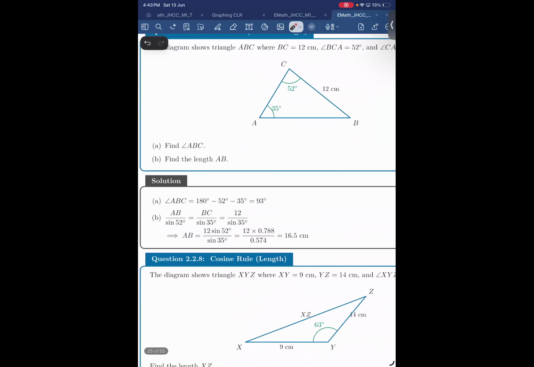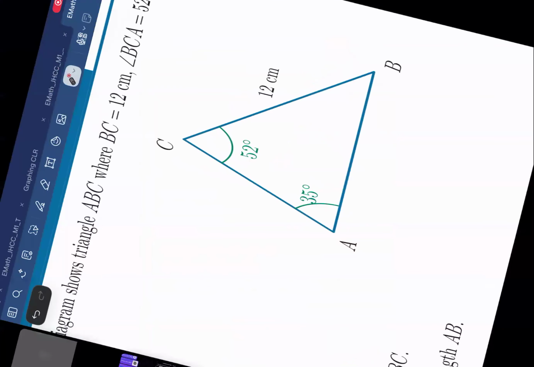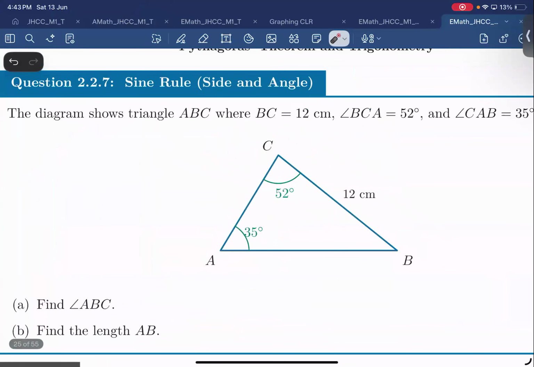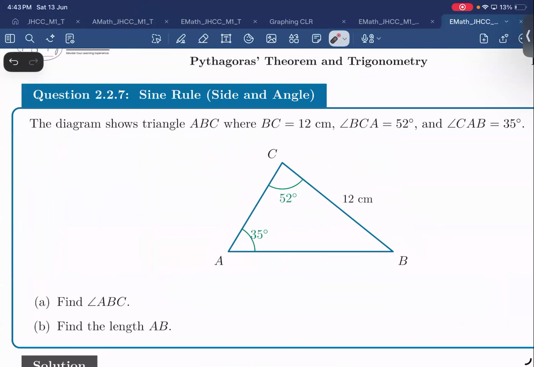Give this question a try. About 3 minutes for this. Like I already said, use sine rule.